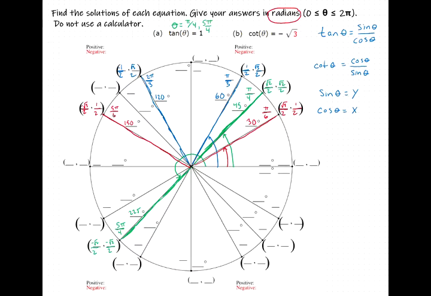Now the question is, which one of those points gives us a cotangent of negative square root of 3? Well, the cotangent is the cosine over the sine. So the cotangent is x over y, and the tangent is y over x. So the question is, does x over y give you negative root 3, or does y over x give you negative root 3?